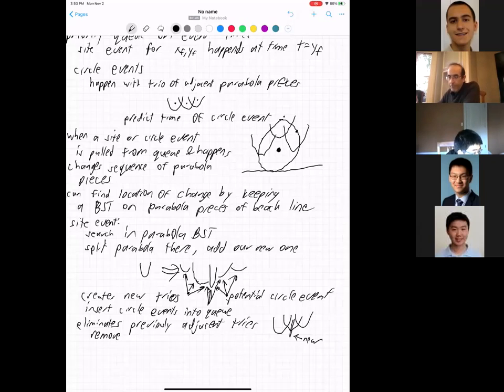But in the tree, do the trios consist of the focus points? Right. For the tree, what I preserve is simply a listing of the parabola identifiers. This parabola, then this parabola, then this parabola. But notice that some parabola identifiers may appear multiple times in the tree because a parabola can have several pieces on the beach line.